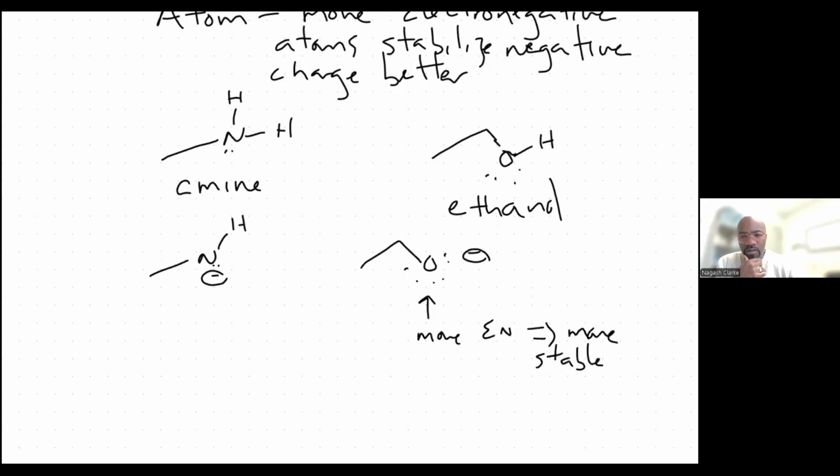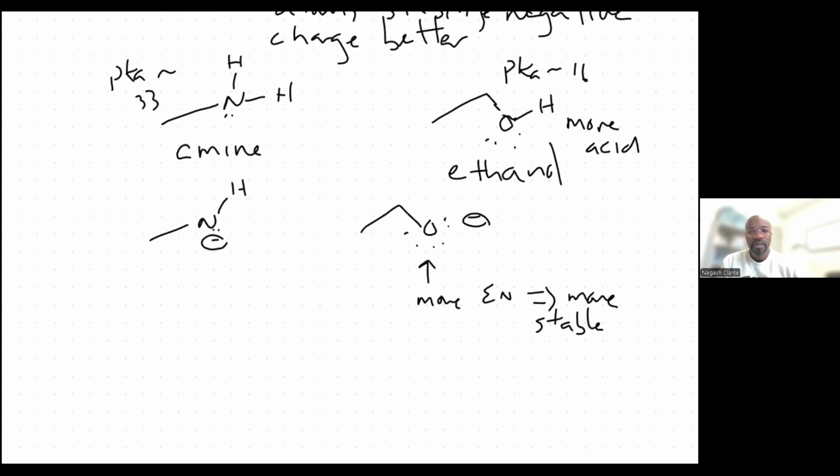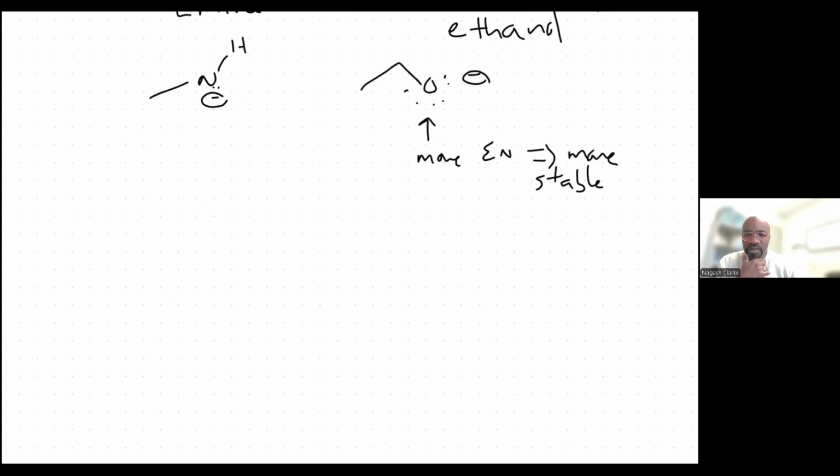Therefore, this acid is more acidic. And the pKa will reveal that to us. The pKa is around 16 here, and the pKa for this is around 33. So a clear difference in acidity. Let's talk about resonance. So let's look at phenol.